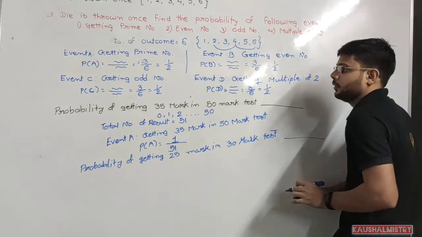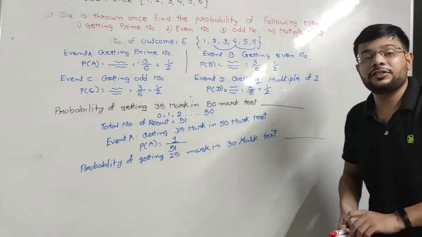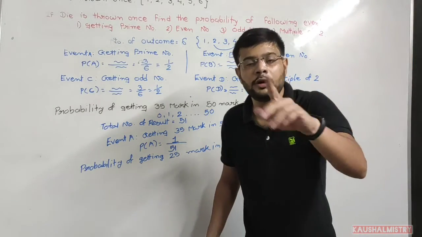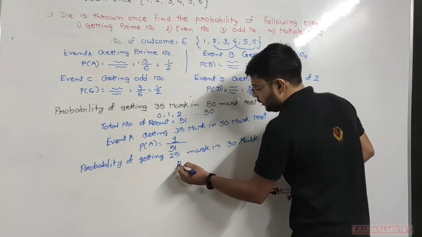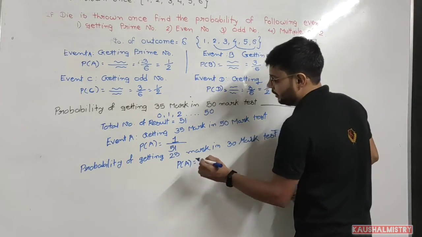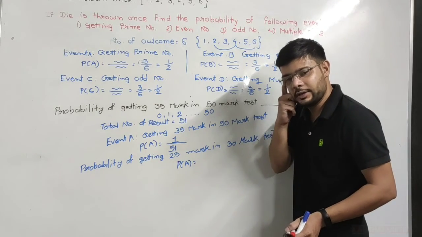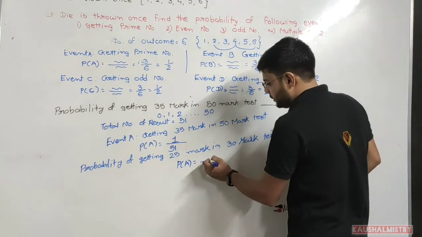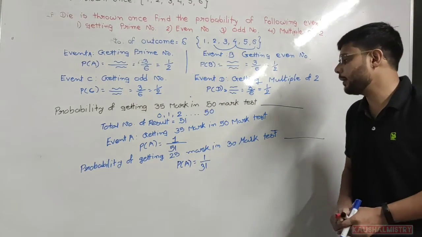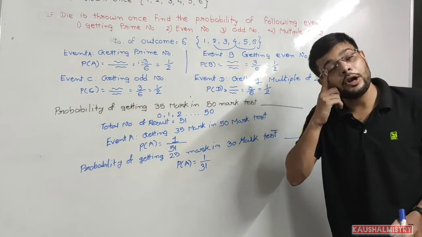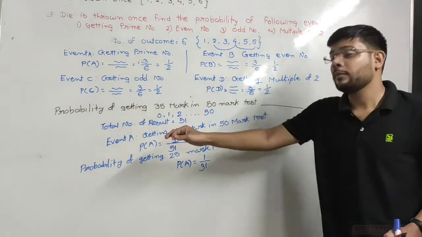What will be the answer? Now a 30 mark test means how many results are possible? 31 results are possible. So P of A will be, but 25 एक बार पेपर लोगों 25 कितने बार आएगा? एक ही बार आएगा. So the answer will be 1 upon 31. If it is an 80 mark paper, then it will be 1 upon 81, whatever the mark is.